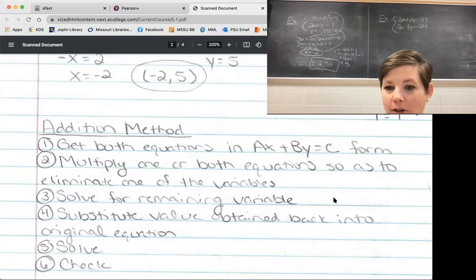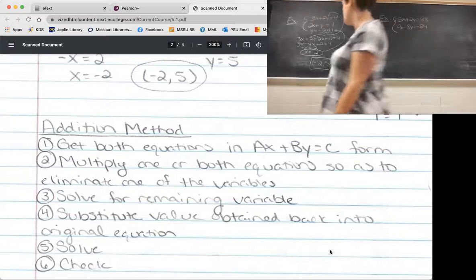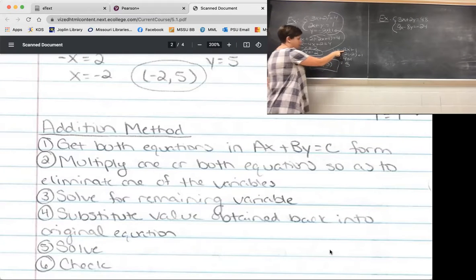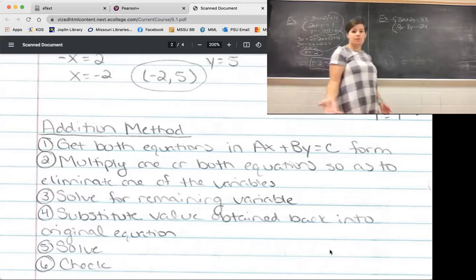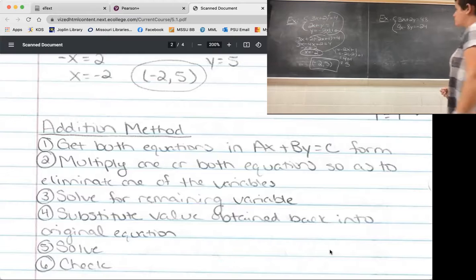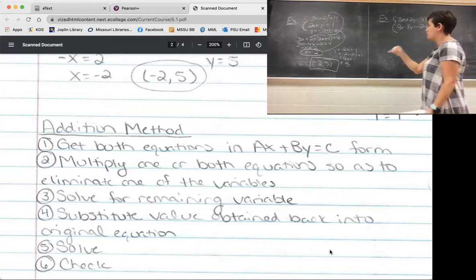We take that value and substitute it into one of the original equations and solve for the last variable. We back substituted in our substitution method because we got x equals something, and then we back substituted that into the original equation and solved. So you're still going to do that step even in the addition method. It's the steps before we get that solution that are different.